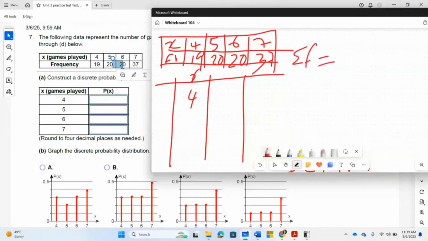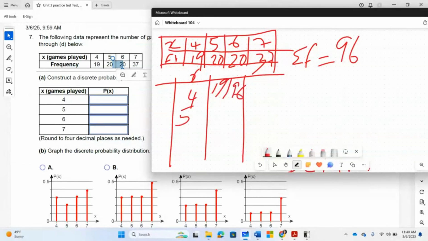So this is going to give me 19 plus 20 plus 20 plus 37, which is 96. So the sum of the frequencies is 96. So for random variable 4, the relative frequency or probability is 19/96.